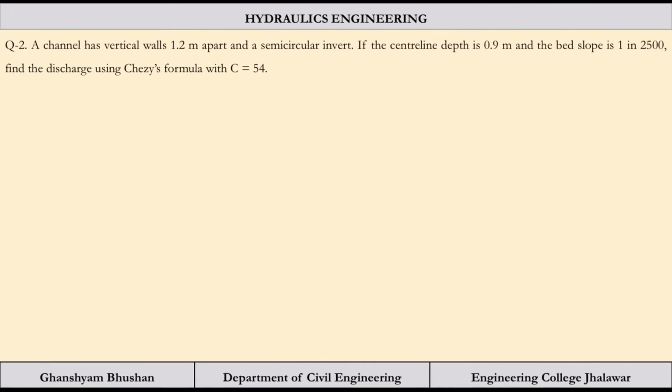Now let us try to solve some more problems. So this is a little bit different problem. A channel has vertical walls 1.2 meter apart and a semicircular invert.